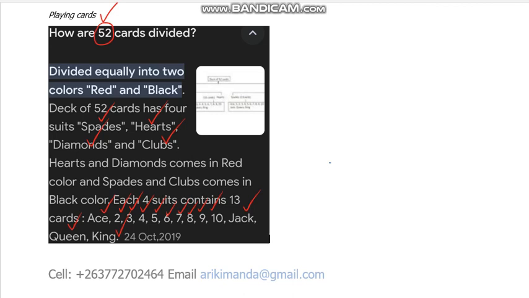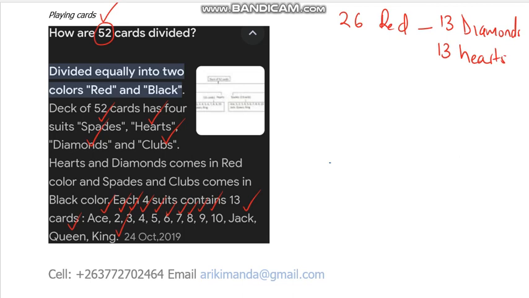Our 52 cards have only 2 colors, red and black. Of these 52 cards, 26 of them are red. And of these red cards, 13 are diamonds and the other 13 remaining are hearts.